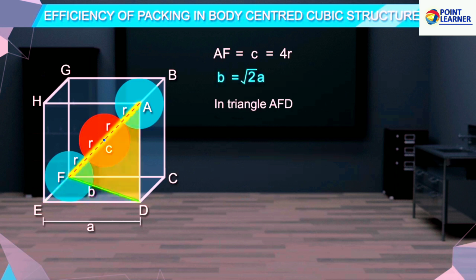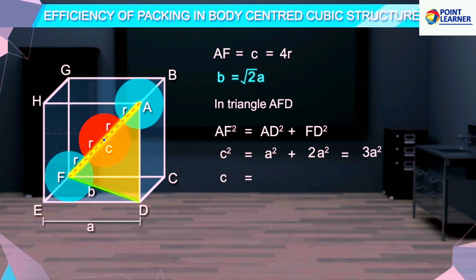Now, in triangle AFD, AF square is equal to AD square plus FD square. c square is equal to a square plus b square. c square is equal to a square plus 2a square, which is equal to 3a square. c is equal to square root of 3a.